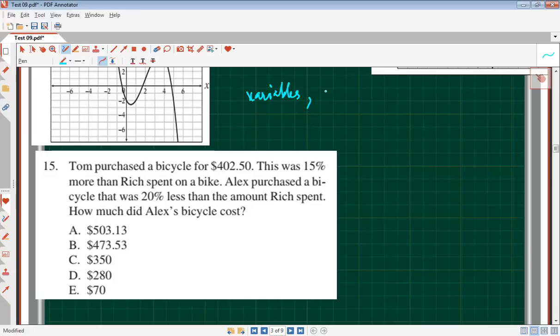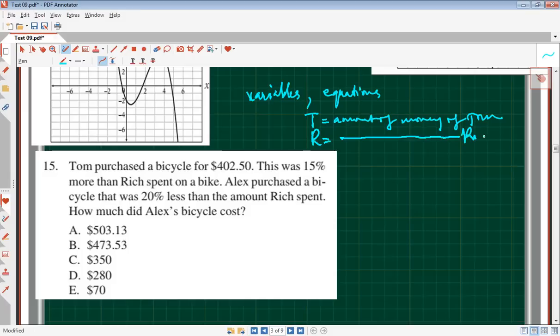Then we set up equations and solve. We put T is the amount of money of Tom, and we put R is the amount of money of Rich. And finally, we put A is the amount of money of Alex.